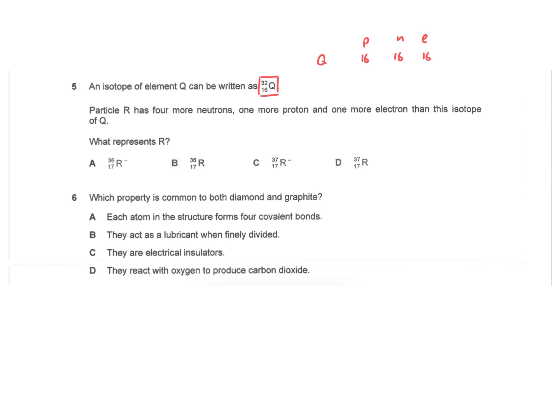Next, the question tells you a particle R. Now whenever you see particle, you need to take note, because a particle can be an atom, it can also be an ion. So it tells you that it has 4 more neutrons, so 20, 1 more electron, 17, and 1 more proton, so 17.